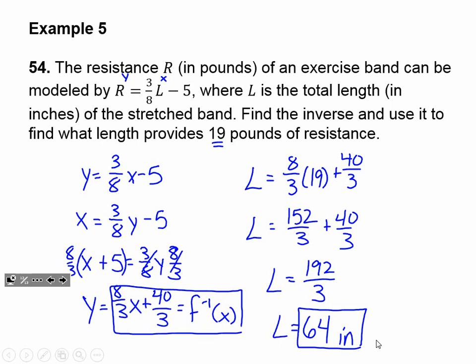Okay, and again, just to explain why I chose to replace with y and x, y and x are like your typical input-output variables. If I had left those as R's and L's, I totally would have been able to do this problem, but my final answer would have changed what those represented.